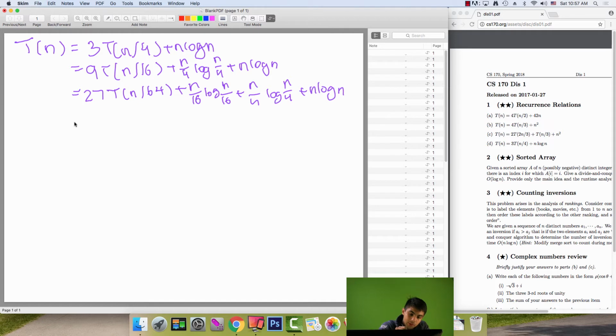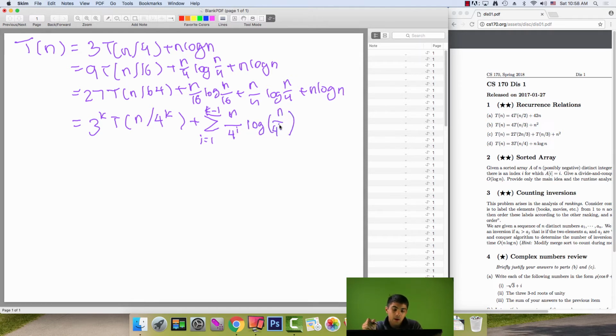So looking at the general pattern for this, we can see that more generally, T(n) is equal to 3^k T(n/4^k) plus the sum from i equals 1 to k minus 1 of (n/4^i) log(n/4^i), where k equals the tree depth.